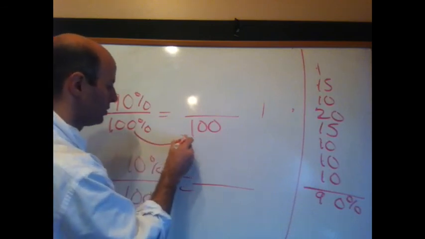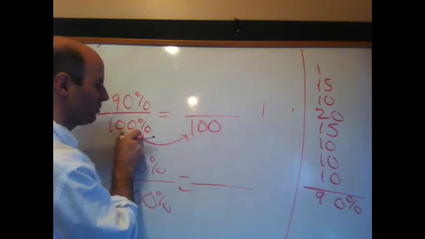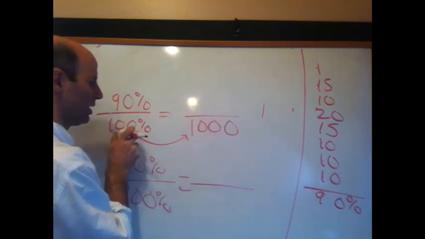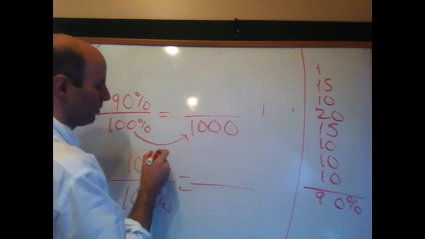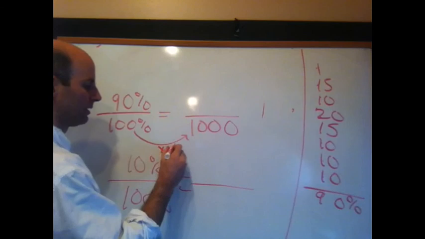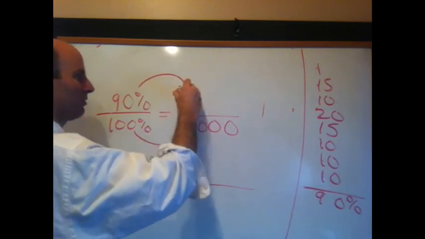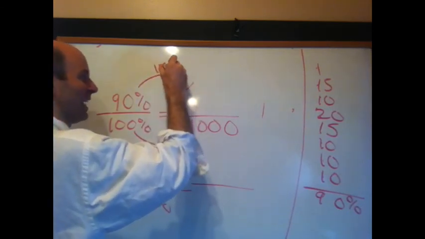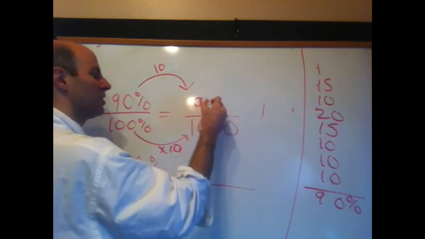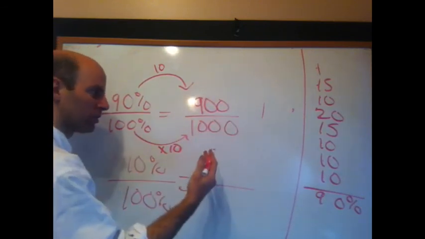All we do is find out, how do I go from 100, sorry, that should be 1,000, 100 to 1,000? Well, I'm going to multiply by 10. So I would do the same thing for the top here, multiply this by 10, I would get 900 students were active.